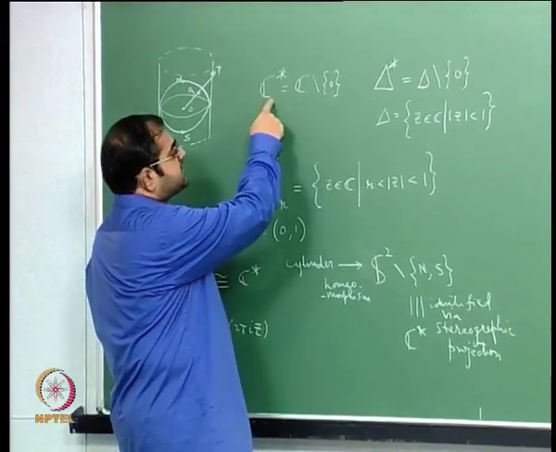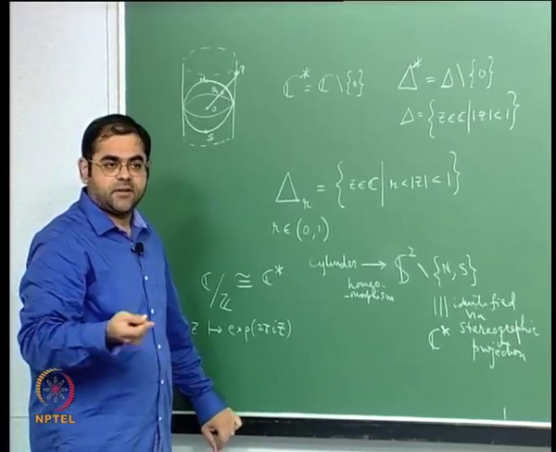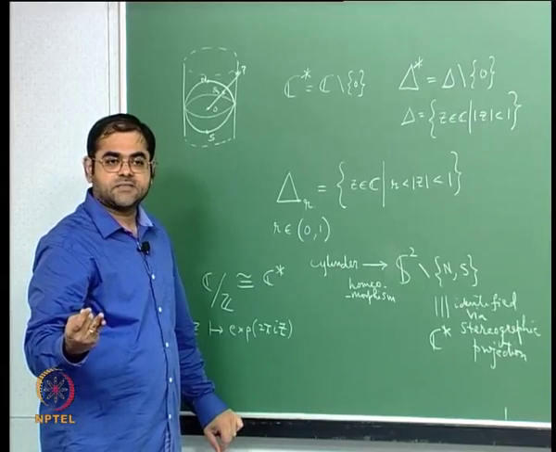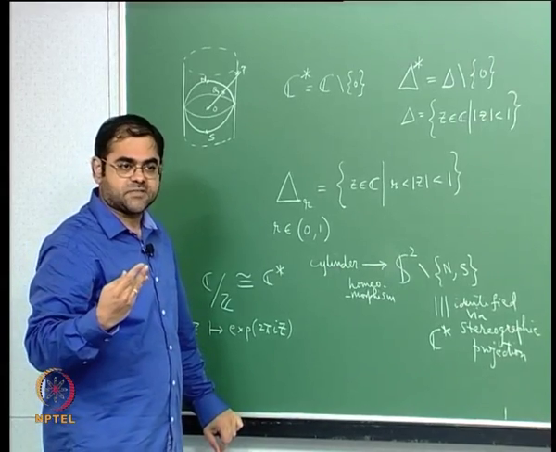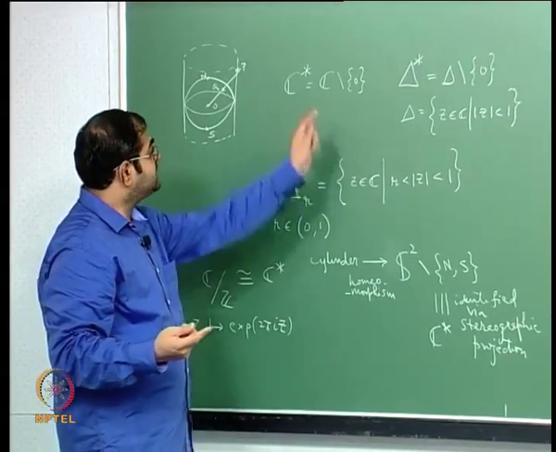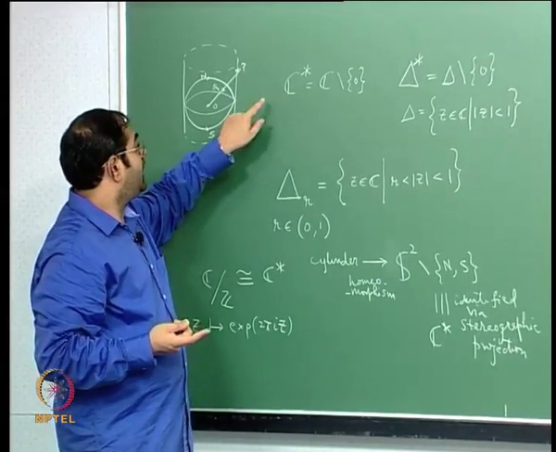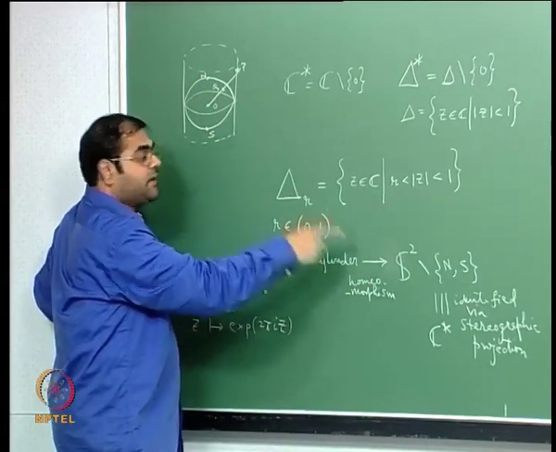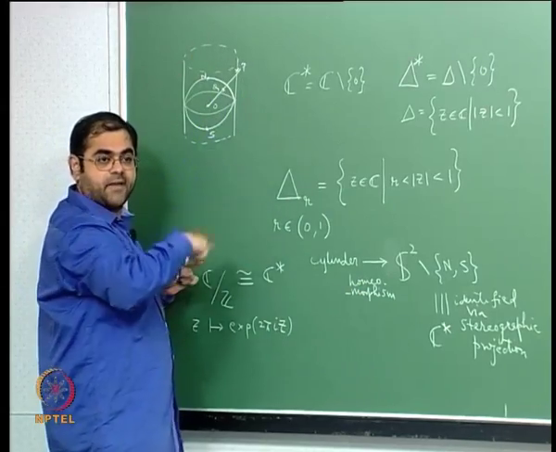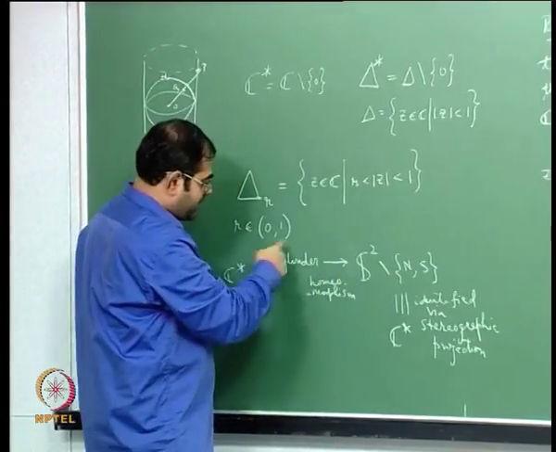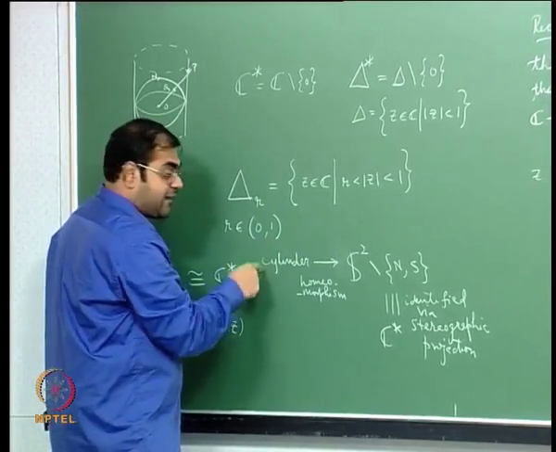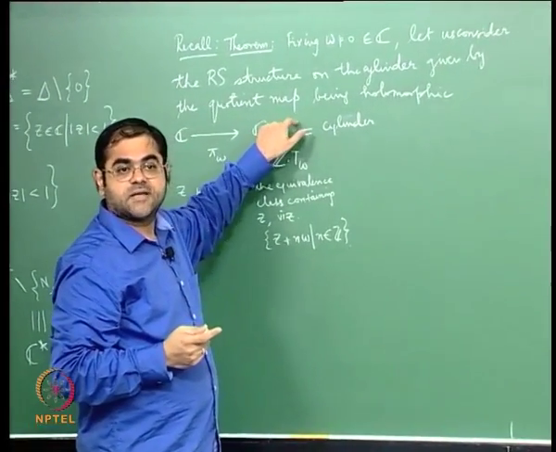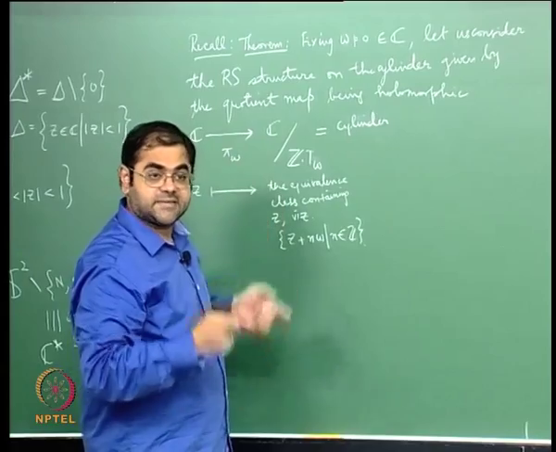In particular, C star is also a Riemann surface naturally, being an open subset of C. So C star inherits the natural Riemann surface structure from C. And what I am saying is that this Riemann surface structure on C star, which is the sphere minus these 2 points by this identification, if I transfer it to the cylinder by this homeomorphism, I will get a Riemann surface structure on the cylinder, and it is that Riemann surface which is a representative for the set of isomorphism classes of Riemann surfaces arising in this way, which I say is a singleton.